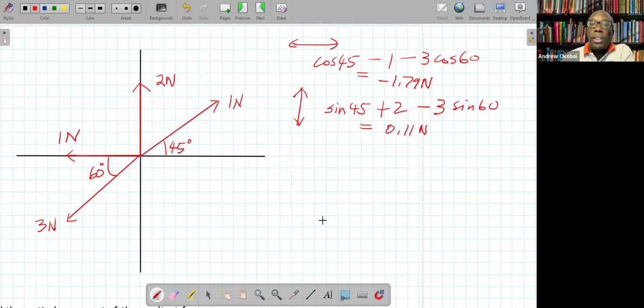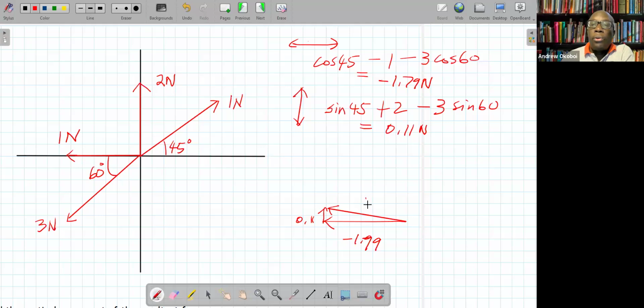So what this means really is we have something that looks like this. So the horizontal was minus 1.79. The vertical one is extremely small. And so this line here, I should have drawn it as a straight line, but this resultant here is very, very close to the horizontal one.